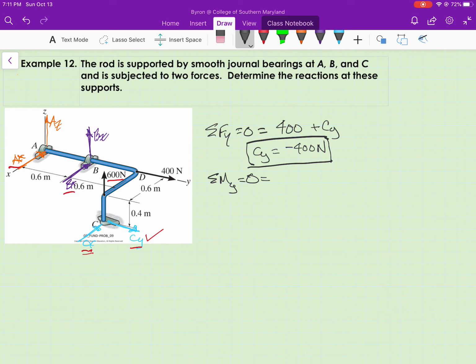Now I could do this in scalar, since this one is actually fairly easy to do in scalar, but I'm going to go ahead and work through it in Cartesian.